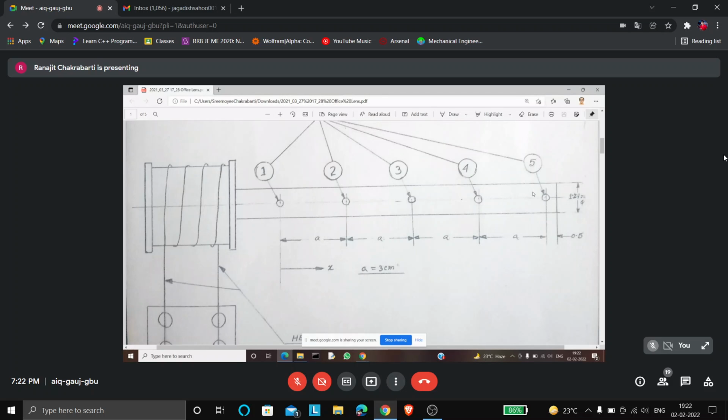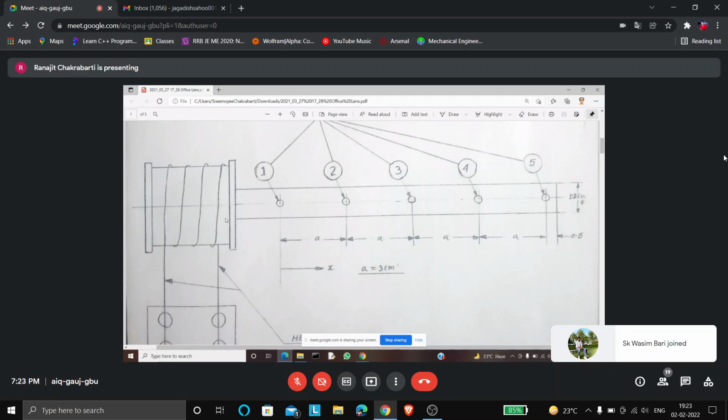Half inch is not a very big diameter. And the rod length is around, this A is 3 centimeters. So 12 centimeters plus 0.5, 12.5 centimeters is up to this. That is 5 inches. So half inch diameter and 5 inch long, and this portion is also maybe 1 inch or something like that.